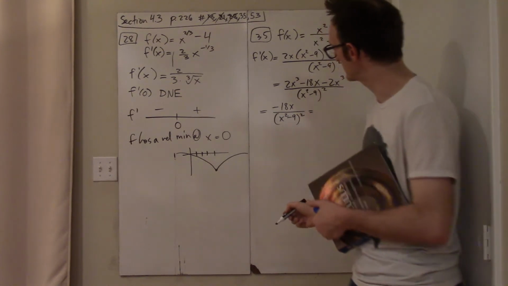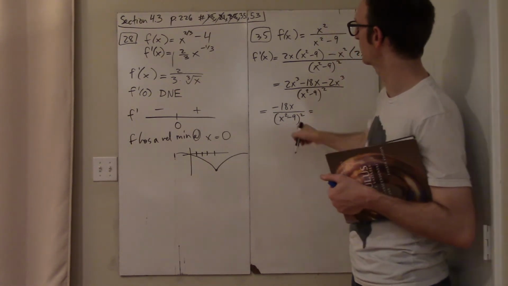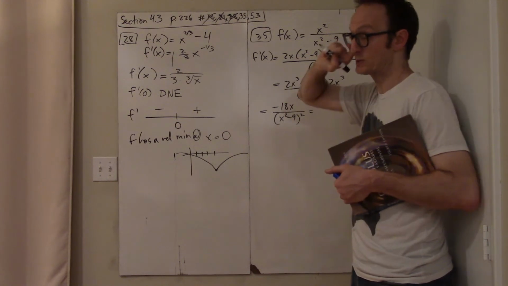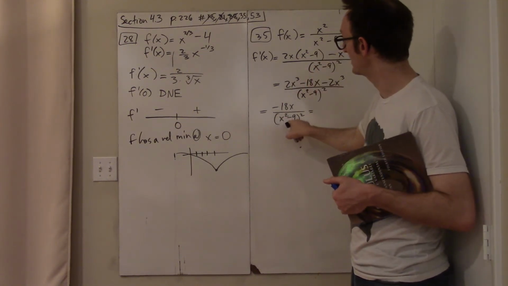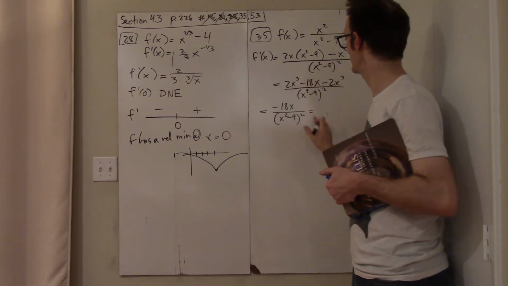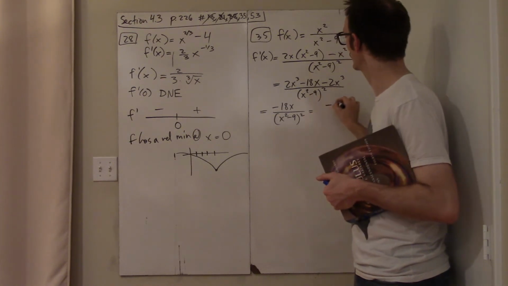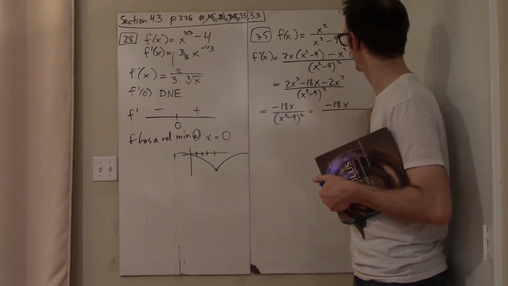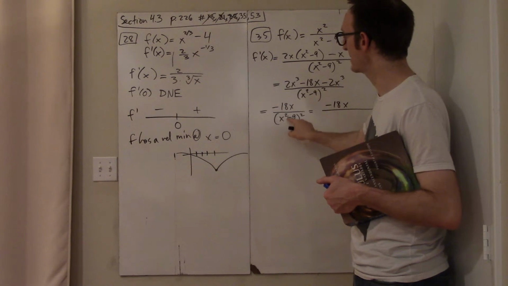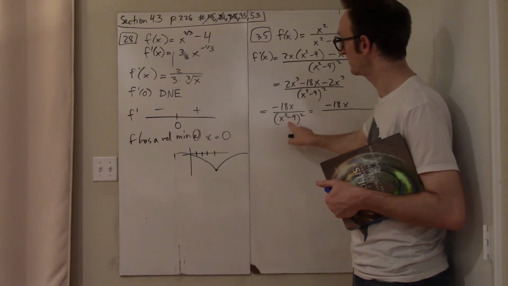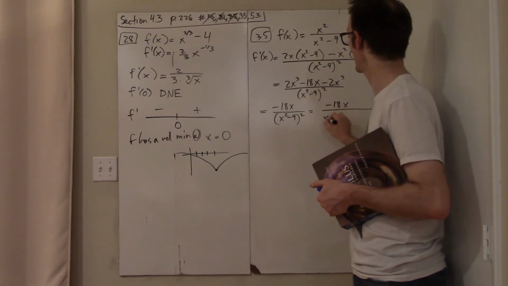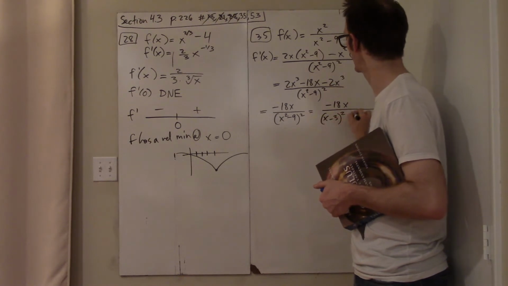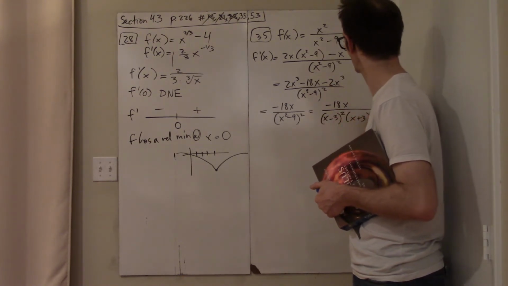But maybe we should now observe that x squared minus 9 is x minus 3 times x plus 3. So this is really negative 18x over x minus 3 times x plus 3, but then squared. That's really x minus 3 squared times x plus 3 squared.